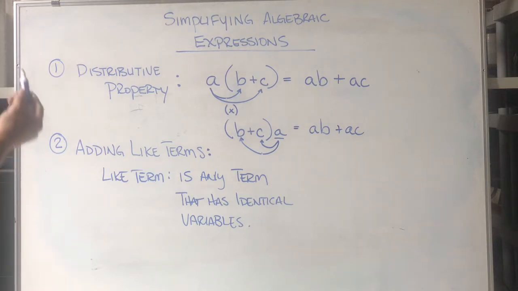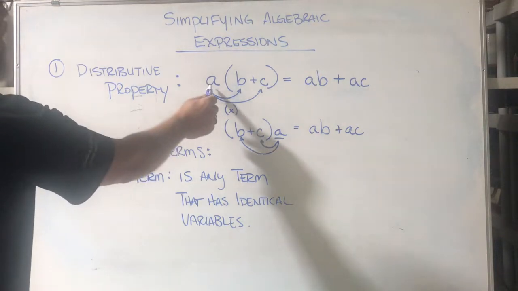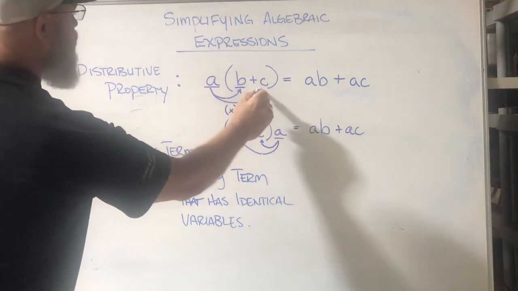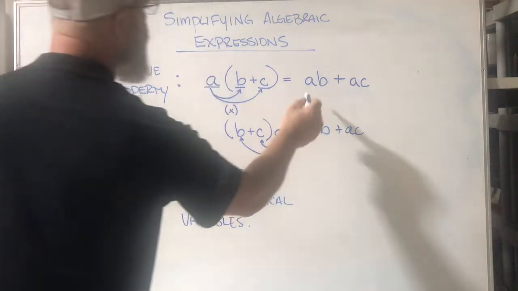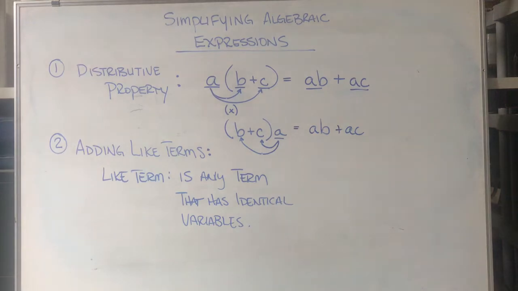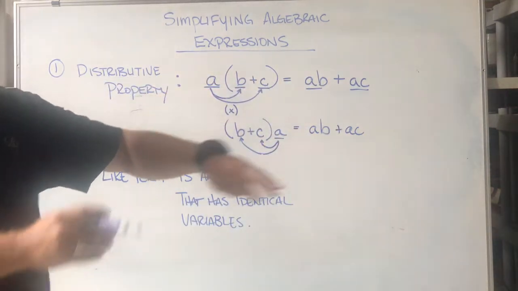So let's go back to this distributive property. A is a variable, B is a variable, and C is a variable. All right? Now we turn that into two terms, which would be AB and AC. Do any of these look identical to each other?